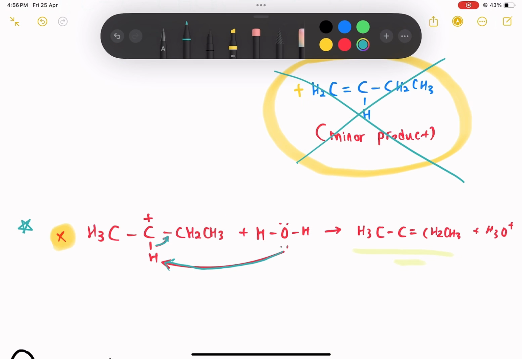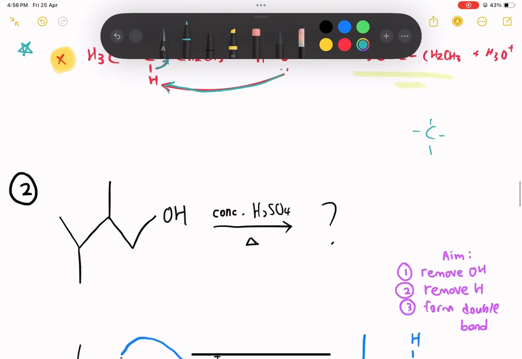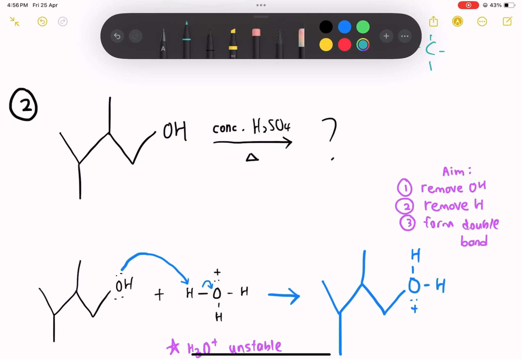However, this also means that there are no 4 bonds over this C. So this doesn't make sense, and it is not correct, because carbon needs 4 bonds in order to become stable. Next, we will look at the second example.